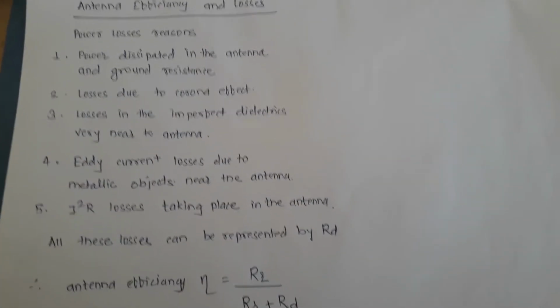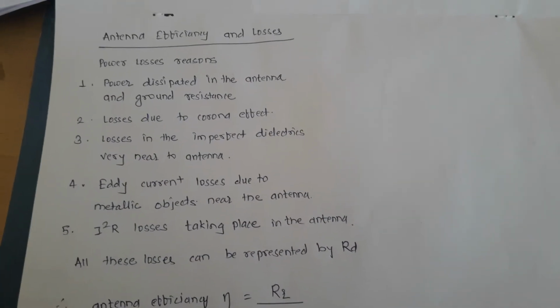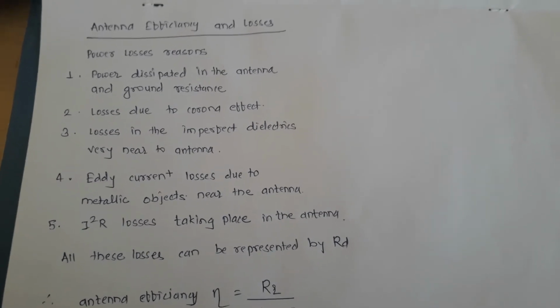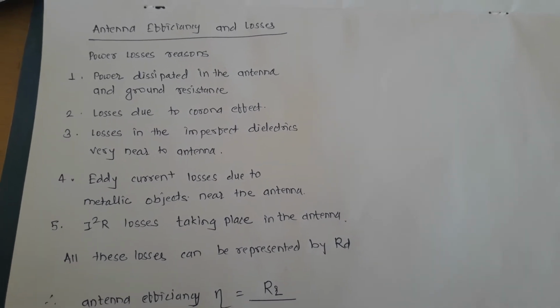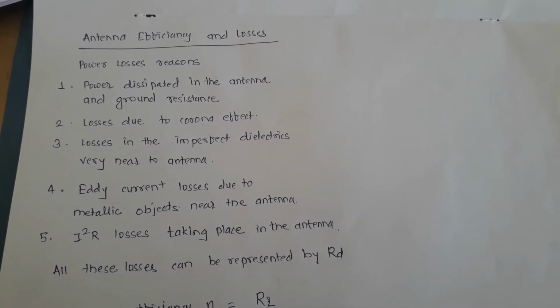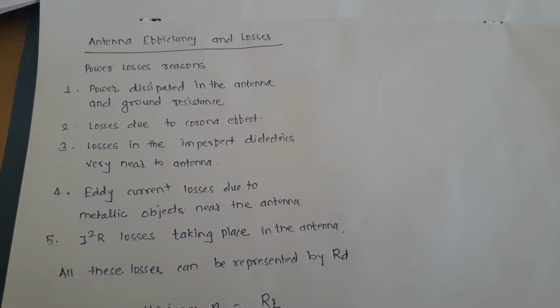Now first of all we must know what exactly are the reasons for power loss within the antenna. There are 4 to 5 losses we can always measure across the antenna. The first loss we observe is the power dissipated in the antenna and the ground resistance. So suppose I am drawing a microstrip antenna like structure.